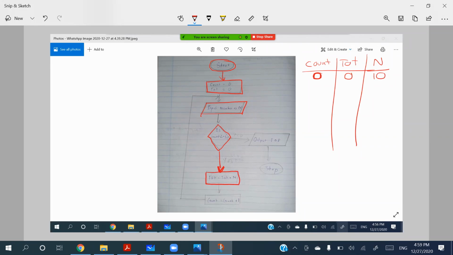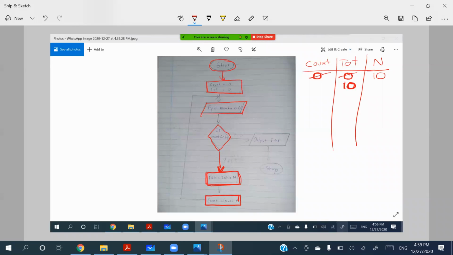That means the existing total, which is 0, plus n. So total becomes 10 and is assigned to the total again. So 10 will be the total from this particular process. Then it says counter equals counter plus 1. Count equals count plus 1 in this position.